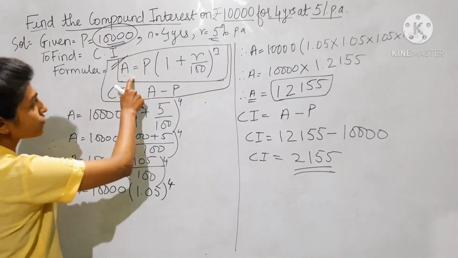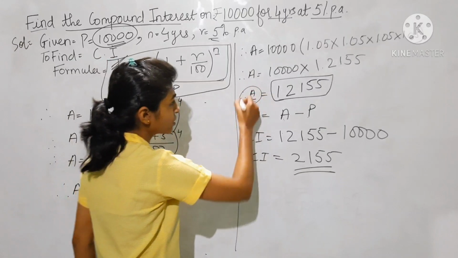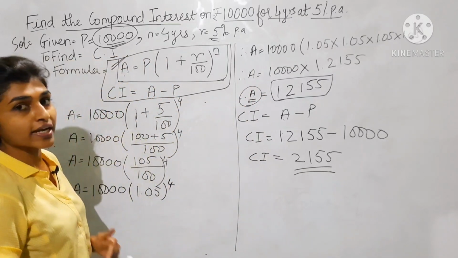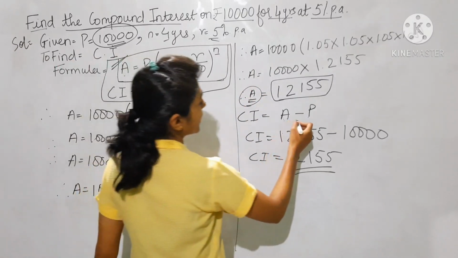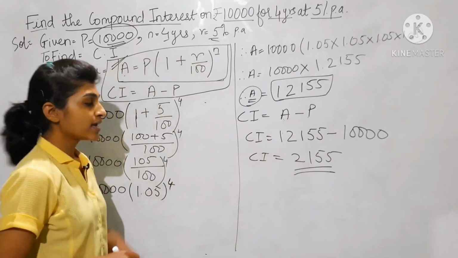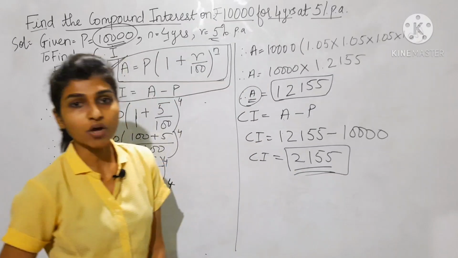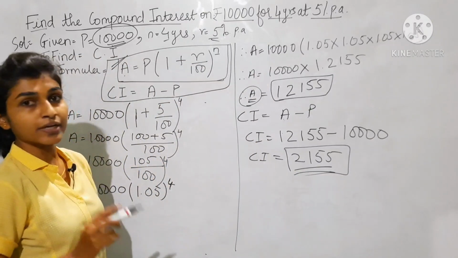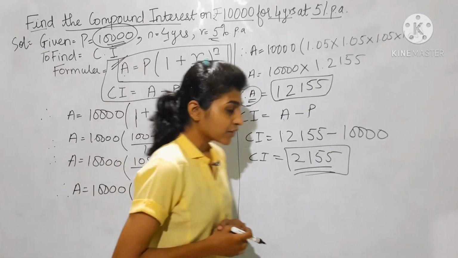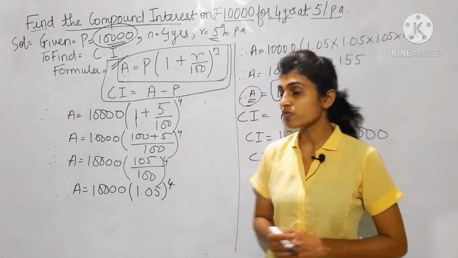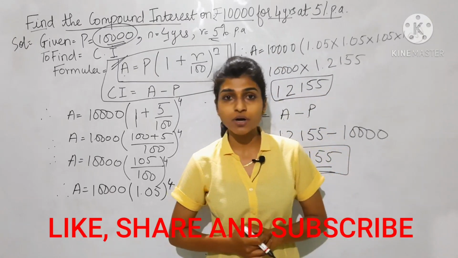Once we get the amount value, then subtract the principal and you will get the compound interest. So compound interest is 2,155. I hope you have understood how to solve compound interest and the formula of compound interest.